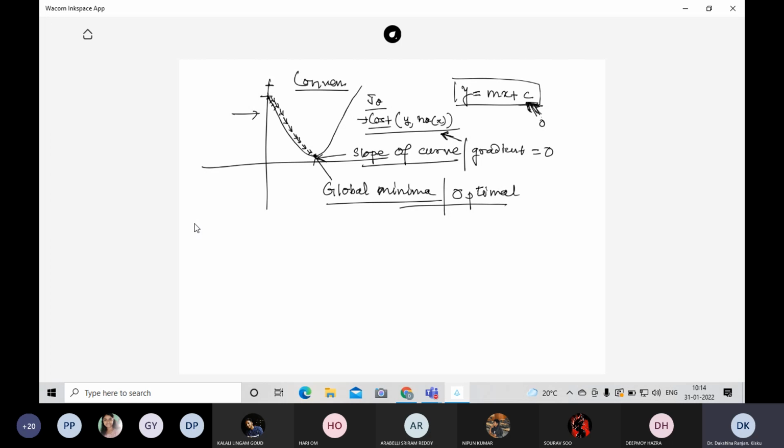So in the next class we will be talking about gradient descent and other optimization algorithms. We will see how we can optimize an objective function, the cost function, and then obtain this global minima, or the optimal value of the error or penalty.